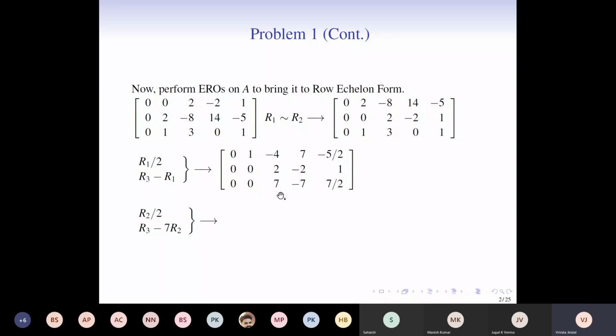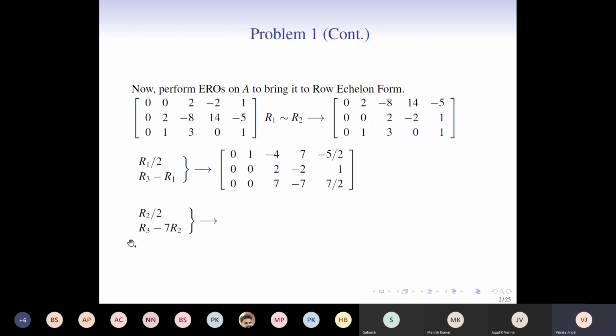Now we do the same thing with the third column. So in the third column, since the first row already has a pivot here, in the second row we want the pivot to be present at the second position. Like in the third column, the second position should be a pivot. So in order to achieve that, we'll first make this 2 a 1 by dividing row 2 by 2, and then using this one we'll eliminate this 7.